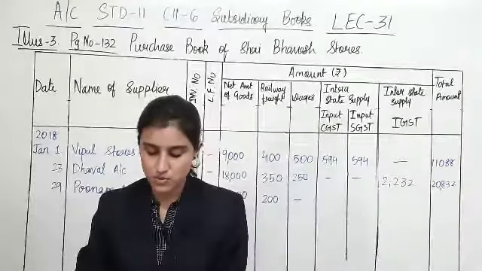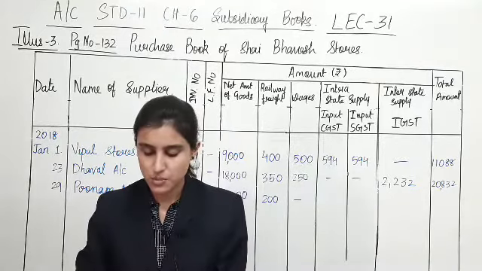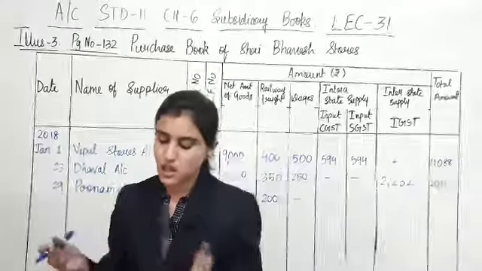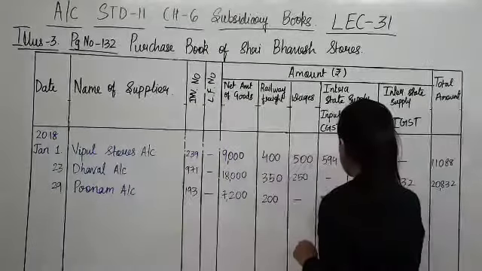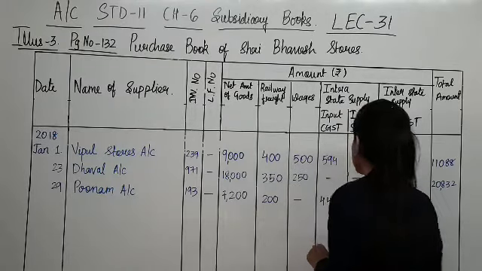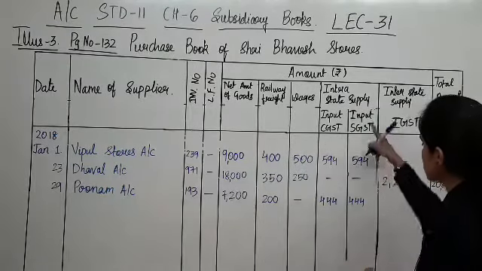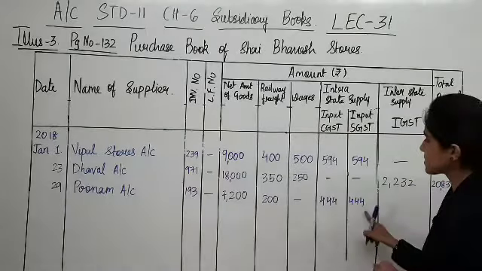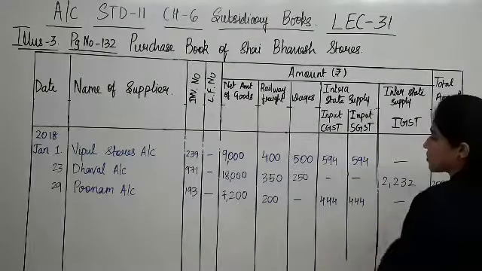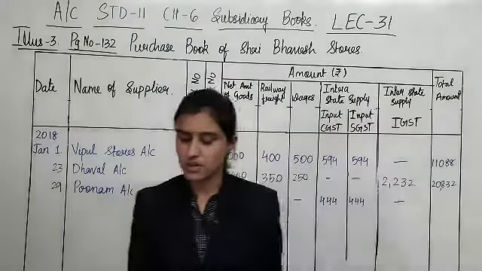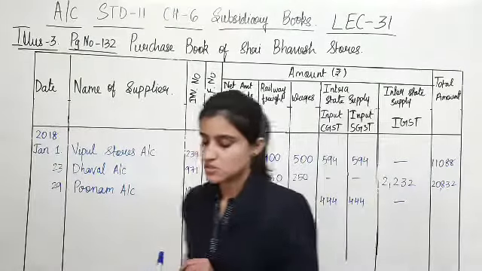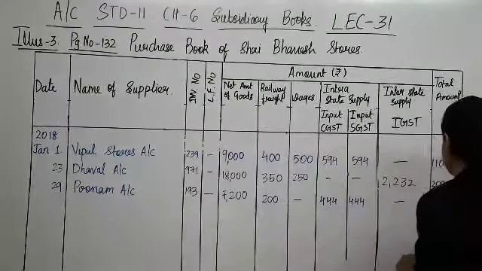On 7,400, 12% is 888, and the half of which is 444 each, CGST and SGST 6% each. And the total amount we are going to write down: 7,400 plus 888 is 8,288.